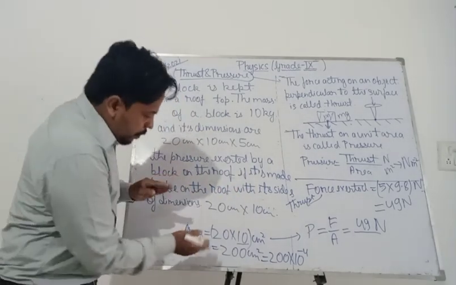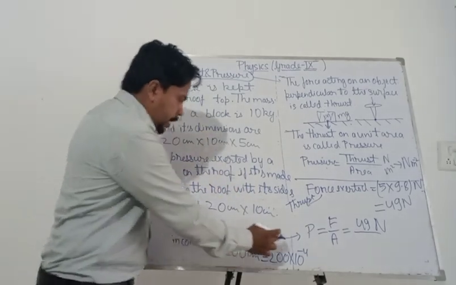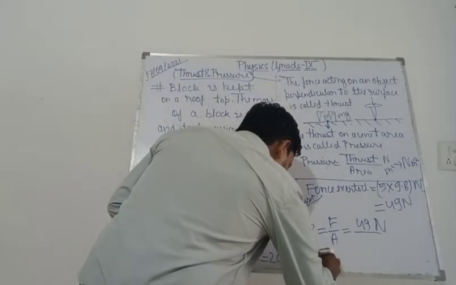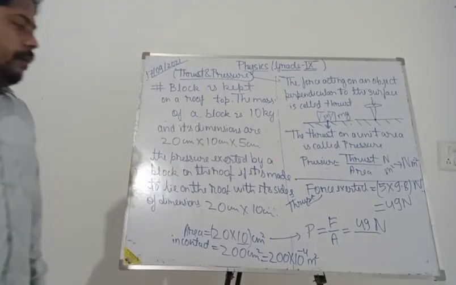So 10 to the power minus 2 and 10 to the power minus 2 become 10 to the power minus 4, and that will be meter square.